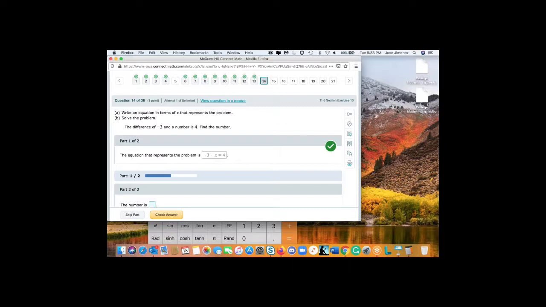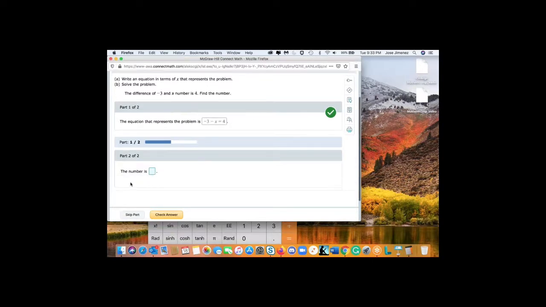Because the difference between the negative 3 and 4 is 7. So the difference is 7, but then I run into another problem. If I put 7, then it will look like minus 3 minus 7 is equal to minus 10, not equal to 4, because the two numbers have the same sign. So they will add, they will not subtract.